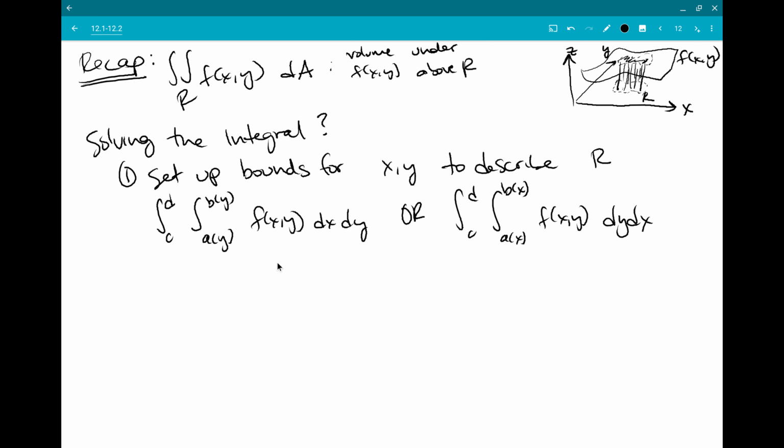In general, you're going to do that based on what seems easiest, by whether you have more change left to right to integrate first, or whether you have more change up and down to integrate first.